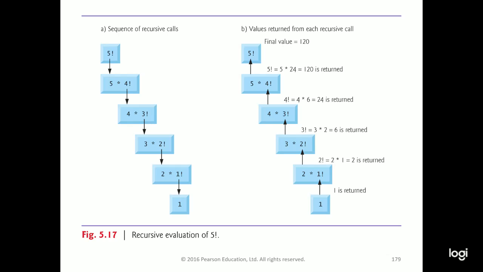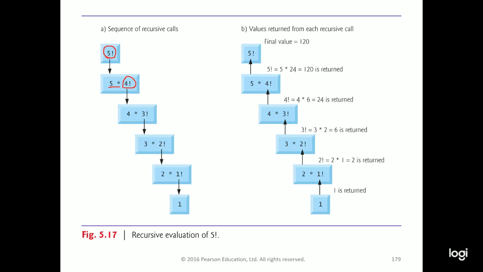Okay, so let's take a look at this graphically. Let's look at the example of 5 factorial. This is how the sequence of calls works. Factorial invokes the factorial function, and we break it down into the simple task, which is 5 times, and the complex part, which is 4 factorial.